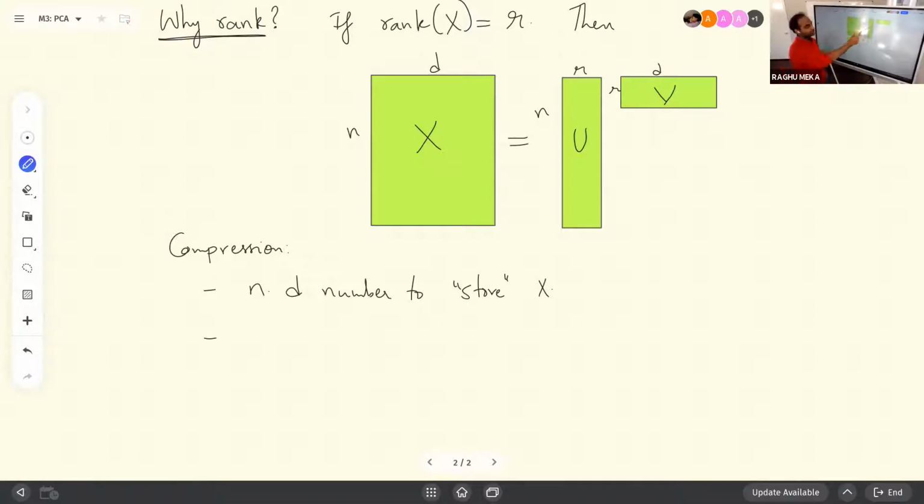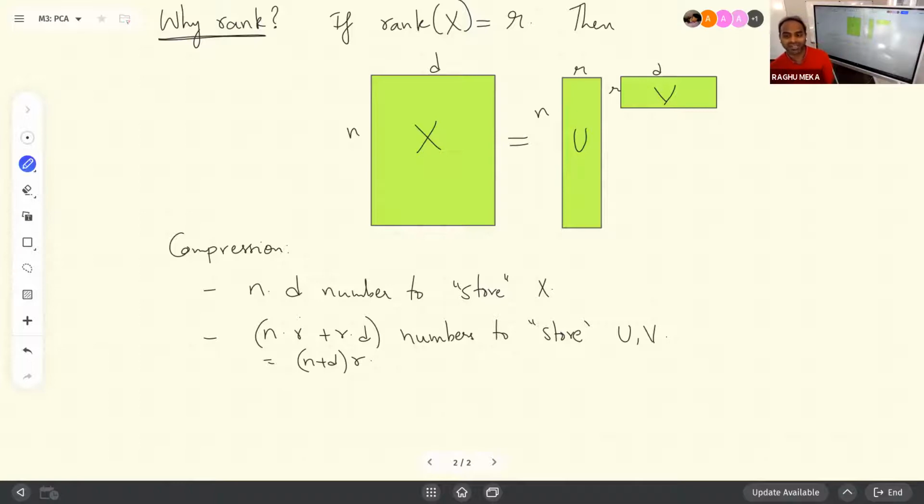But to store u and v from which I can reconstruct X, how many numbers do I need? n times r plus r times d numbers, so something like n plus d times r. So you're going from n times d to n plus d times r.